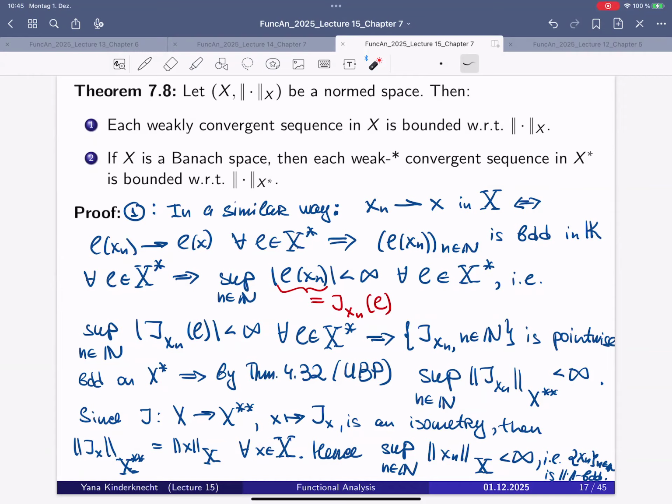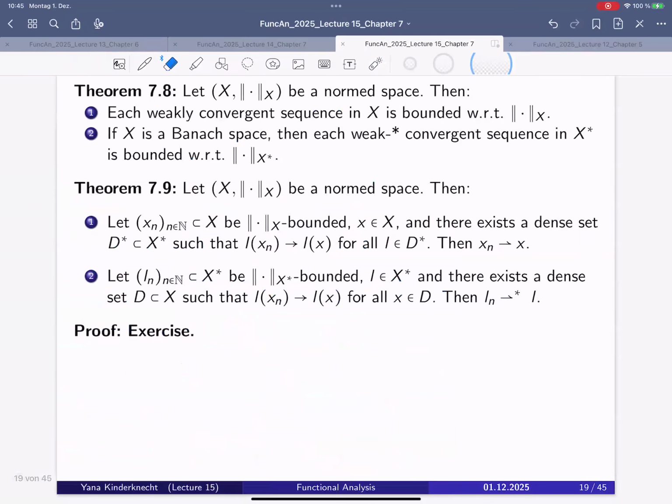Theorem 9. Let X be a normed space. First statement: if we have a sequence in X which is bounded, and there exists a dense subset of the topological dual such that for all functionals from this dense subset we have this convergence, then the sequence converges weakly to the same limit.